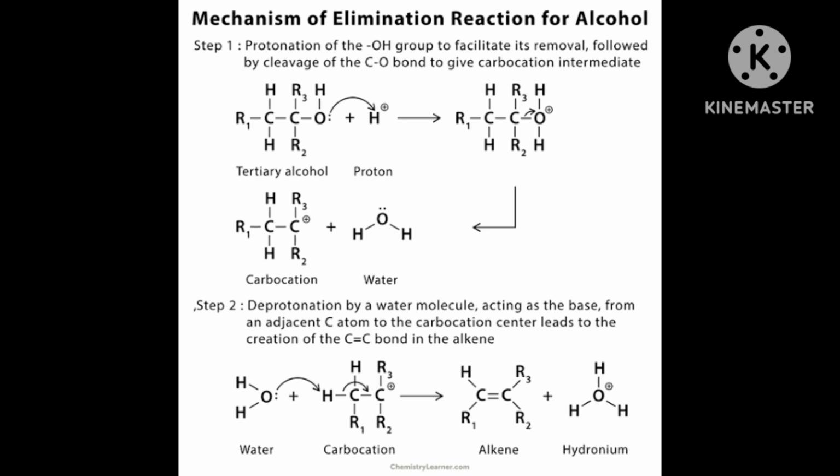For one bond, 2 electrons are required. Now one carbon is positive, the other carbon is negative. The carbon from which hydrogen has gone is negative, a carbon anion you can say.